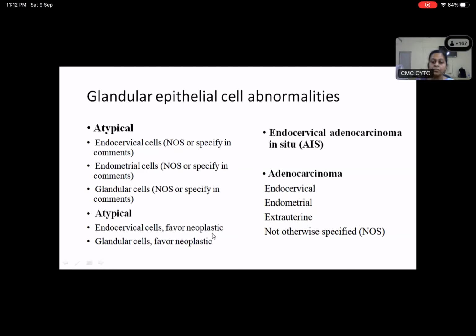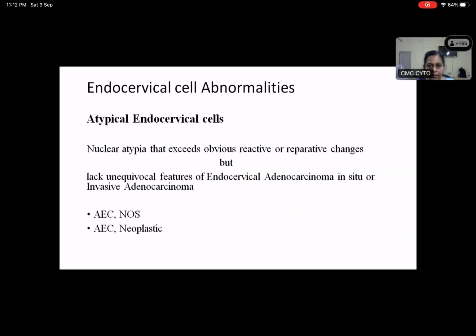When we say reactive, the clinician might ignore it and leave the patient alone. They don't want that to happen. Any kind of atypia, they want some follow-up to be there for the patient. So they do not recommend atypical endocervical cells favor reactive. Okay, so these are some points to note before we start the glandular epithelial cell abnormalities.